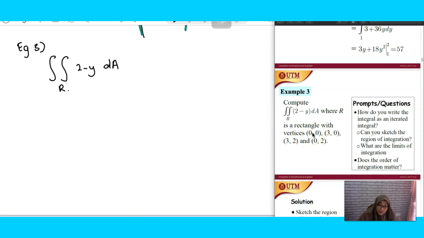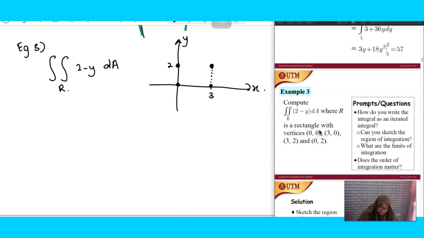Based on the information provided, we should have a rectangle, where the vertices are at 0, 0. So this is y and this is x. Also at the point 3, 0, so let's say this is 3, and 3, 0 is here. Then 0, 2, so let's say this is 2, and this is another vertex. The other vertex is at 3, 2, over here.